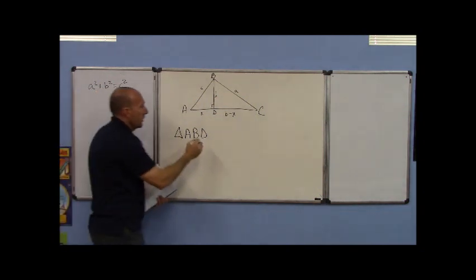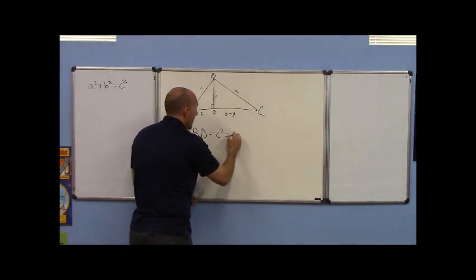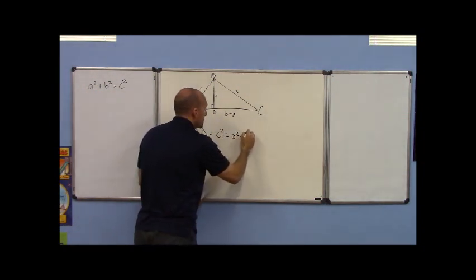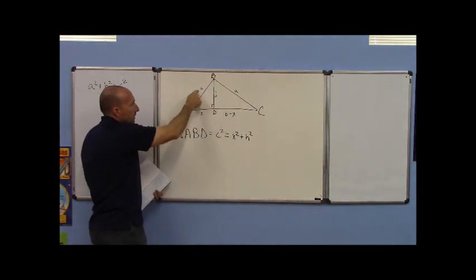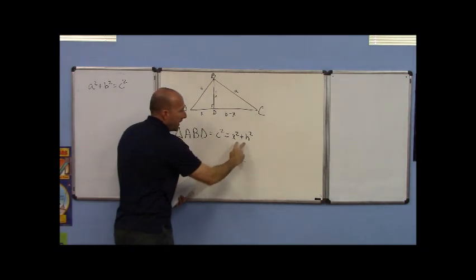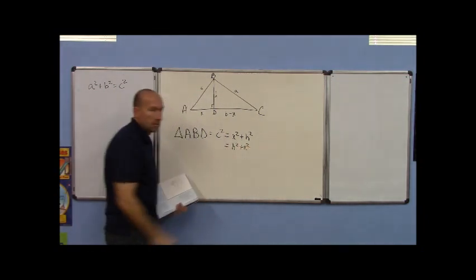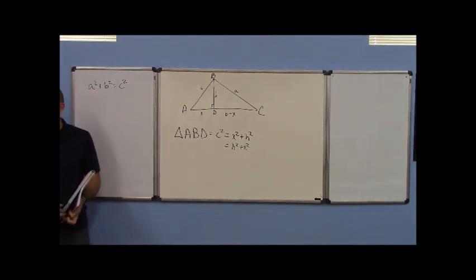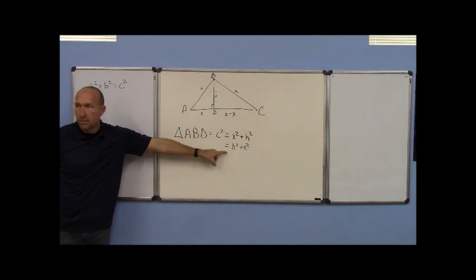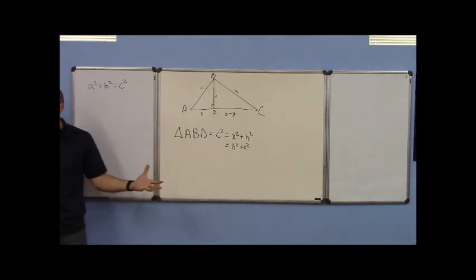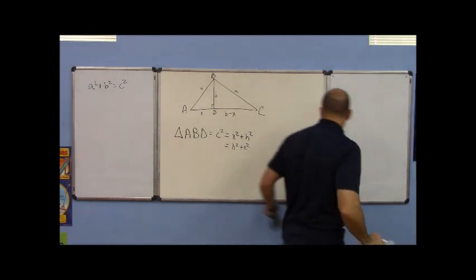So in this situation, we will have c squared equals x squared plus h squared. This leg squared plus this leg squared equals that leg squared. Does it matter if it's h squared plus x squared? Does it matter which one we use? No, it doesn't matter at all. So don't worry about that order.